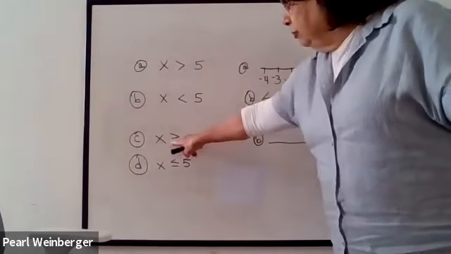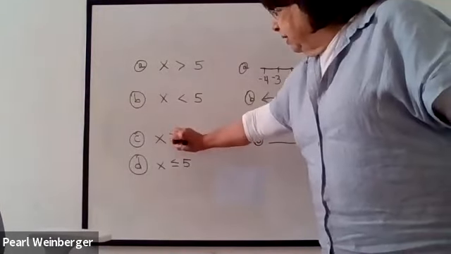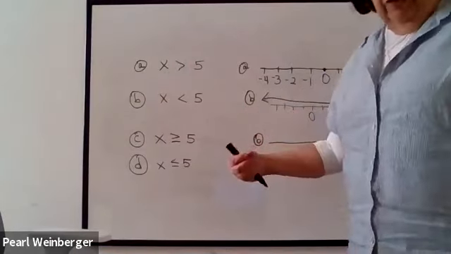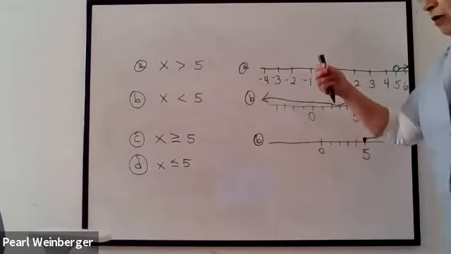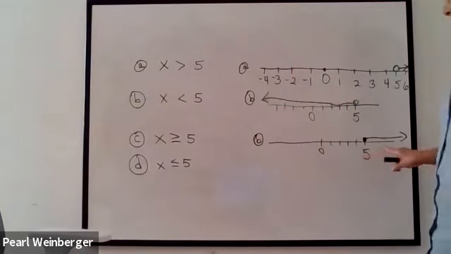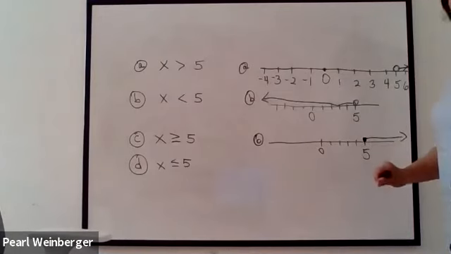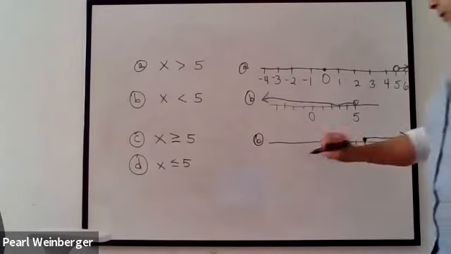This little extra line over here is telling you not only are we talking about numbers that are bigger than 5, we're talking about numbers 5 or bigger. It includes the 5. We indicate it by doing a filled in circle.